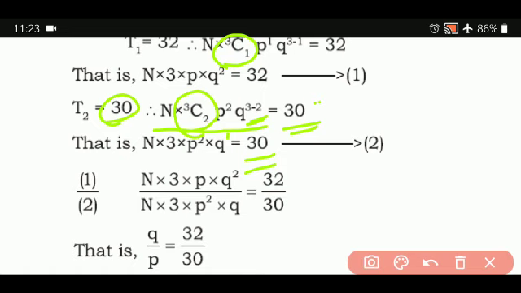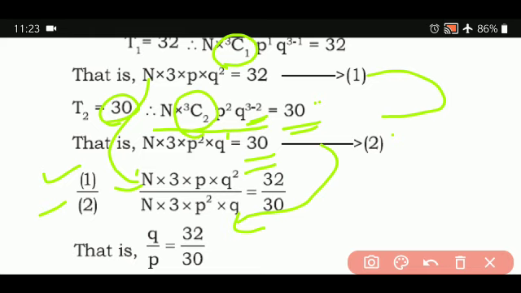You can put equation 1 upon 2 or 2 upon 1, any one; the steps are similar. So when you put equation 1 upon 2, that is, you divide them and put it in the form of a ratio, this is equation 1, this is equation 2, and the total value is 32 divided by 30. What gets cancelled? Capital N gets cancelled, 3 gets cancelled.